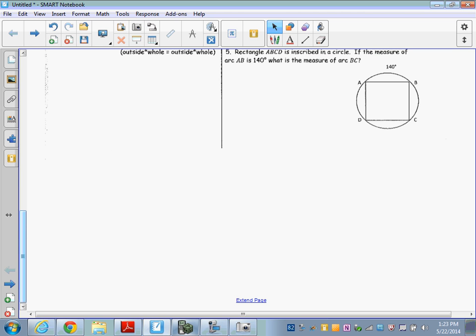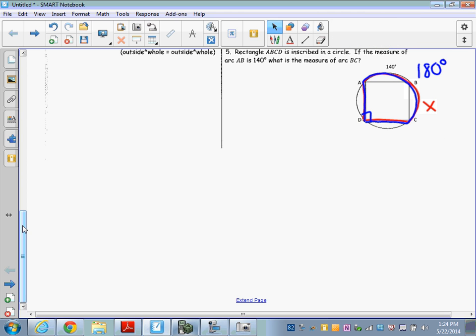So the last one we have is question 5. It says rectangle ABCD is inscribed in a circle. If the measure of arc AB is 140, what is the measure of arc BC? So we're looking for this right here. Since it's a rectangle, I know that this whole thing needs to be 180 degrees.